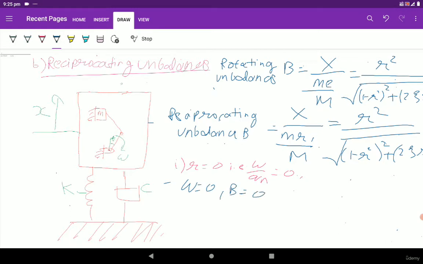Now the second case is r equal to 1, that is at resonance condition. We can say in this case B is equal to 1 by 2 zeta.